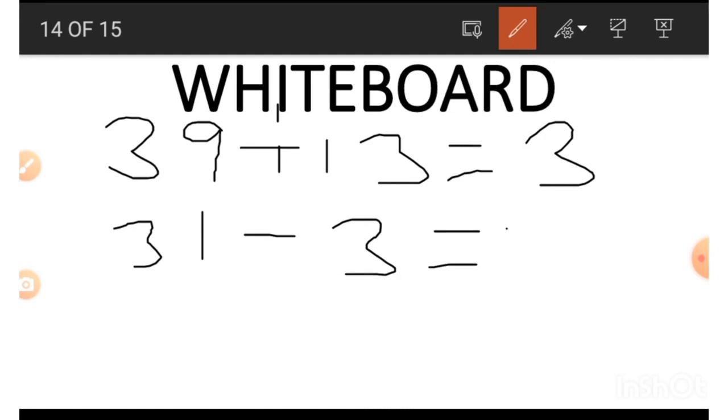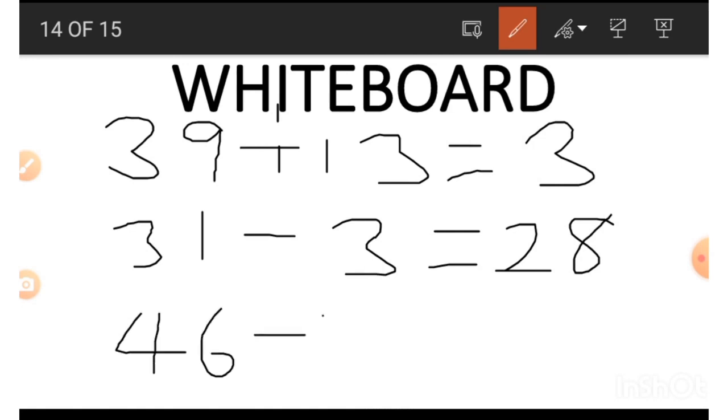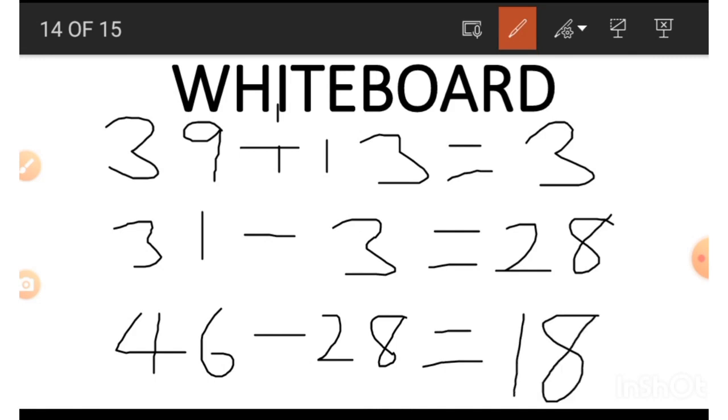We subtract the 3 from it and we get 28. So 31 minus 3 is 28. From the bottom, we subtract the 28 from the 46. So we have 46 minus 28, that gives us 18. So that is how we got this final number.